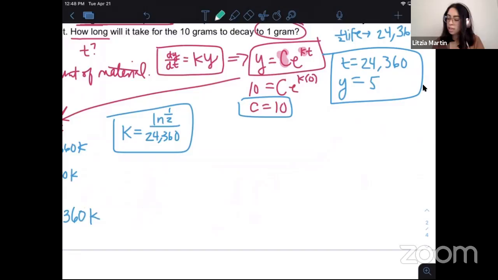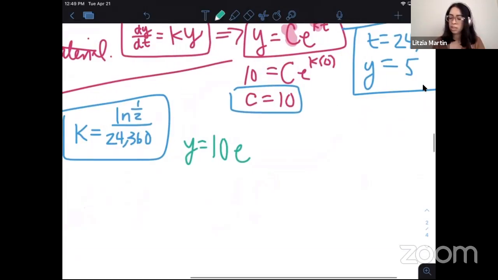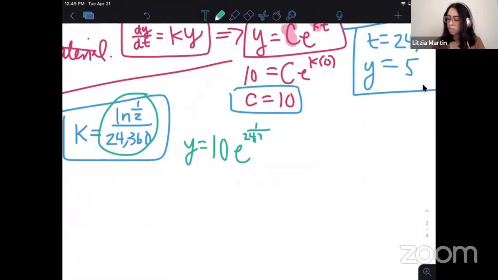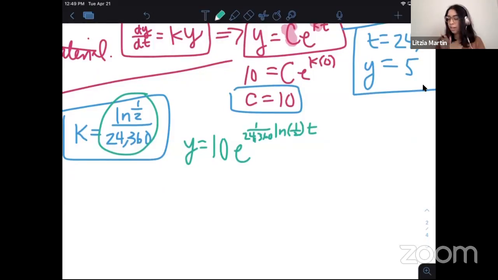So y is equal to 10 times e to the, I'm going to write this, instead of one whole fraction, I'm going to do 1 over 24,360 times ln of 1/2 times t. Why did I write it like that? I don't know. I just felt like it. So now we have this, we just need to solve for t.